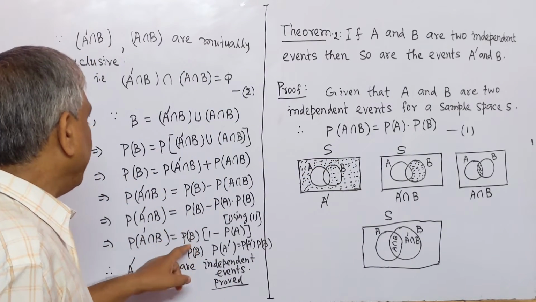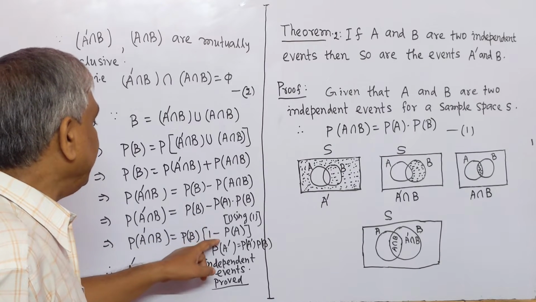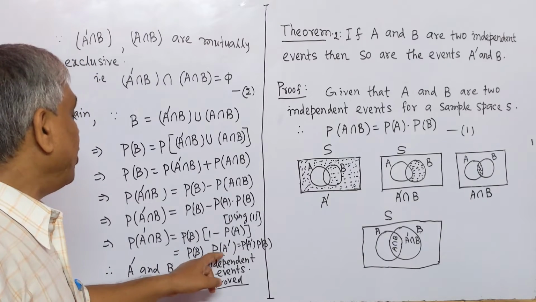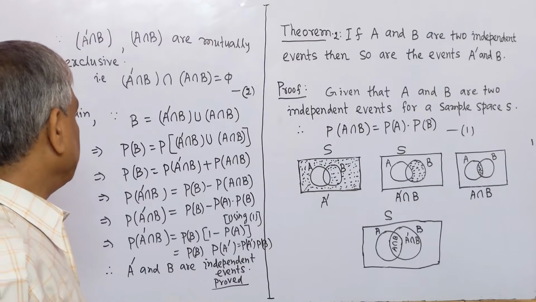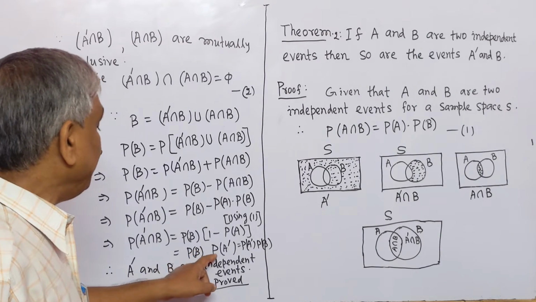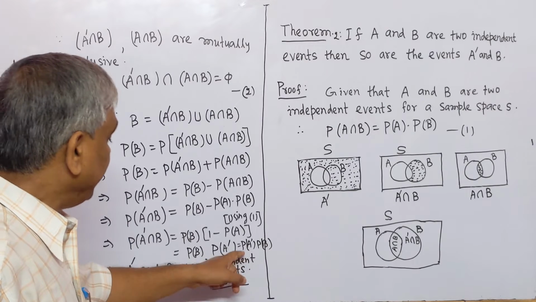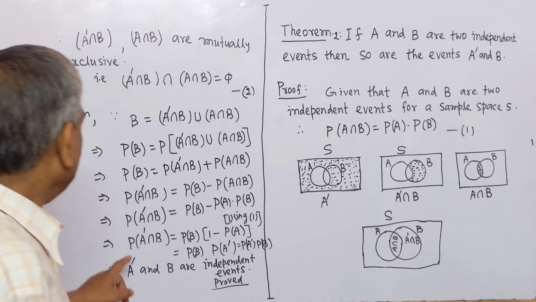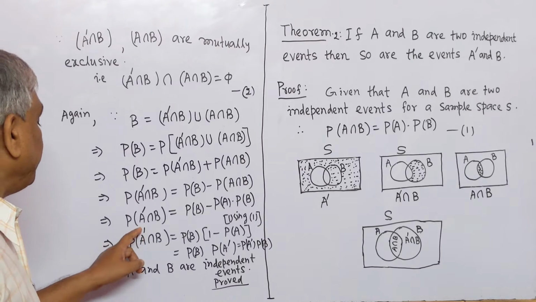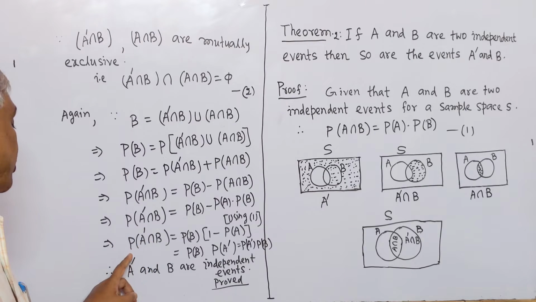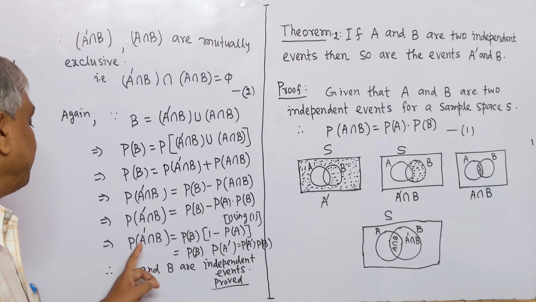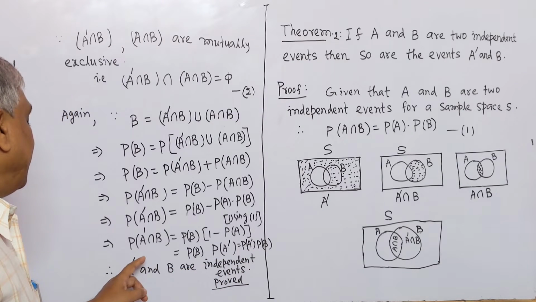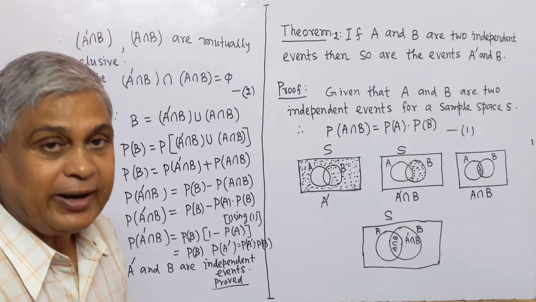Now, here we take common probability of B. Here remains 1 minus probability of A. 1 minus probability of A is probability of complement of A. So this is equal to probability of B multiplied by probability of complement of A. We may write this as probability of complement of A multiplied by probability of B. Therefore, we get probability of complement of A intersect B equals probability of complement of A multiplied by probability of B. Therefore, complement of A and B are independent events.